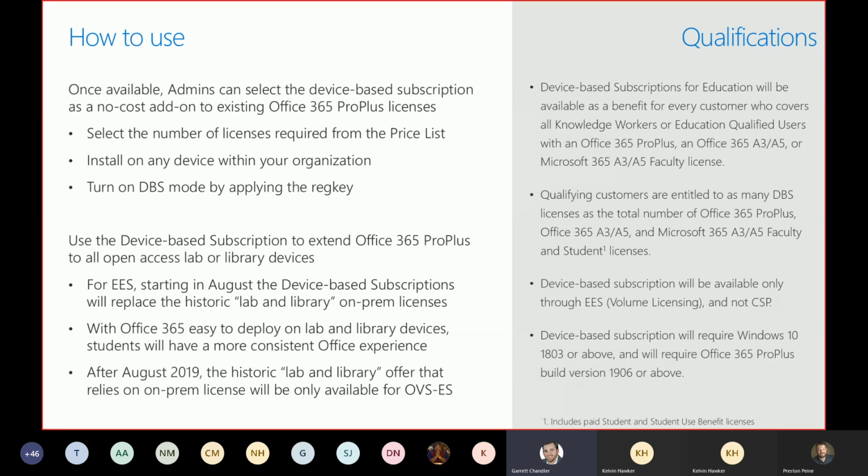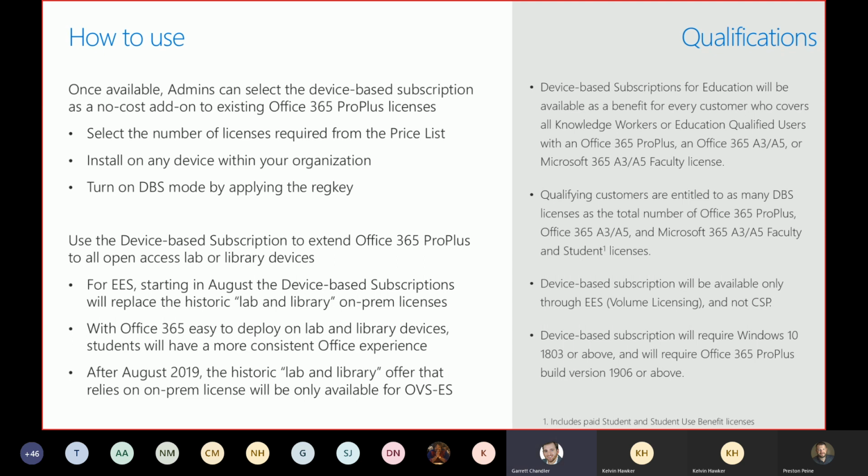From a qualification perspective, from licensing, device-based subscriptions for education will be available as a benefit for every customer who covers all knowledge workers or education qualified users with an Office 365 Pro Plus, an Office 365 A3 or A5, or a Microsoft 365 A3, A5 license.